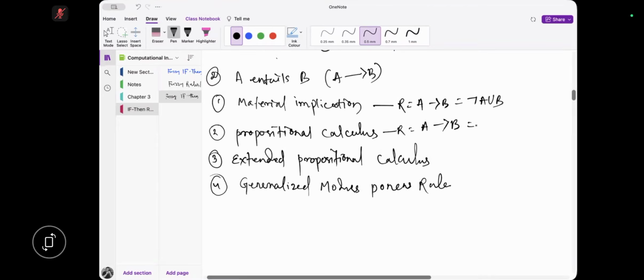For the second, it is denoted as negation of A union A intersection B. This is also the relation R.